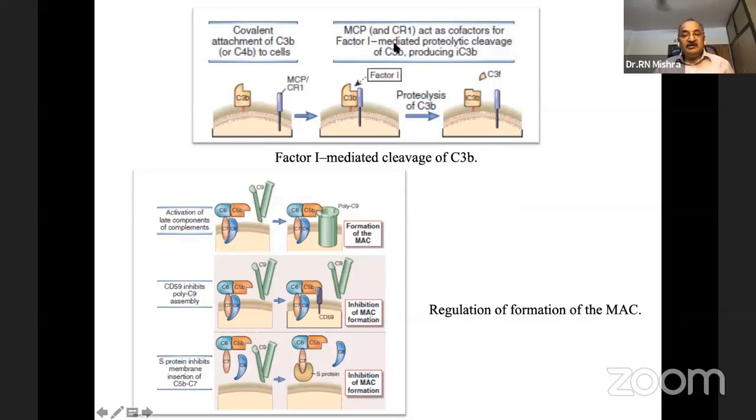C3b: MCP and CR1 act as cofactors for factor I mediated proteolytic cleavage. Factor I can do proteolytic cleavage of C3b or C4b. So in absence of this factor I, you can get cell lysis.